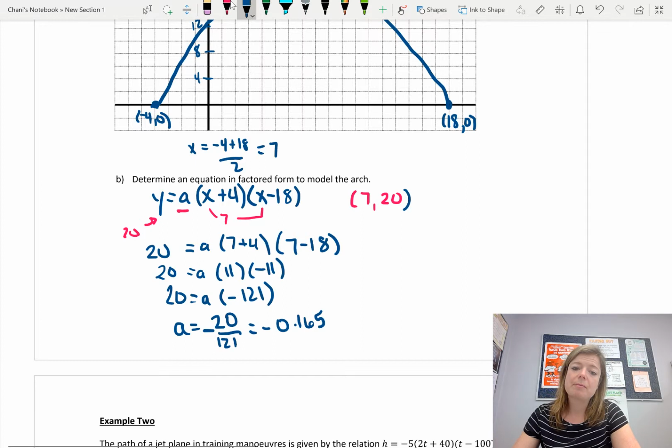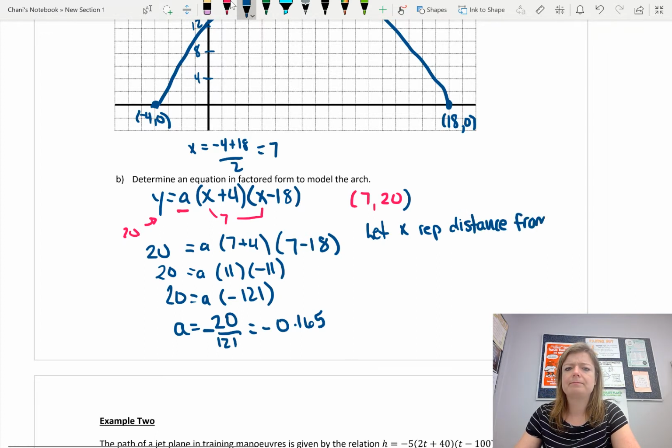So I now would represent the variables. I would say let x represent distance from landmark in meters, and let h represent height of arch in meters. Basically, we don't know why they chose this axis, but that's what they chose.